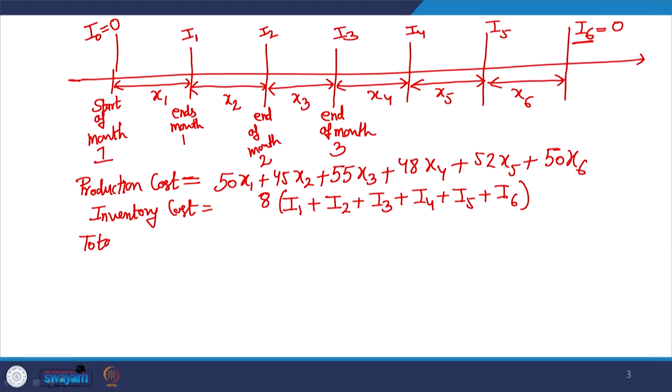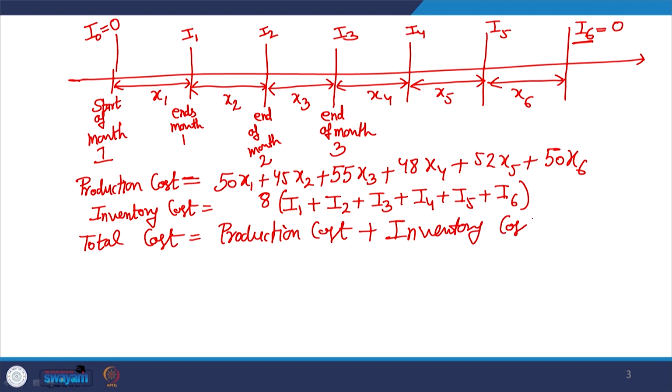So my total cost of the plan is production cost plus inventory cost, and that is what I want to minimize.